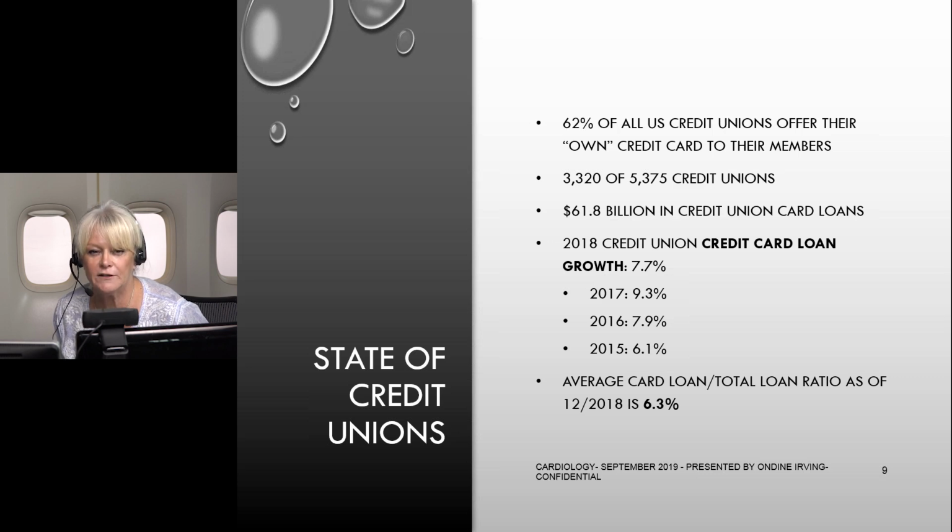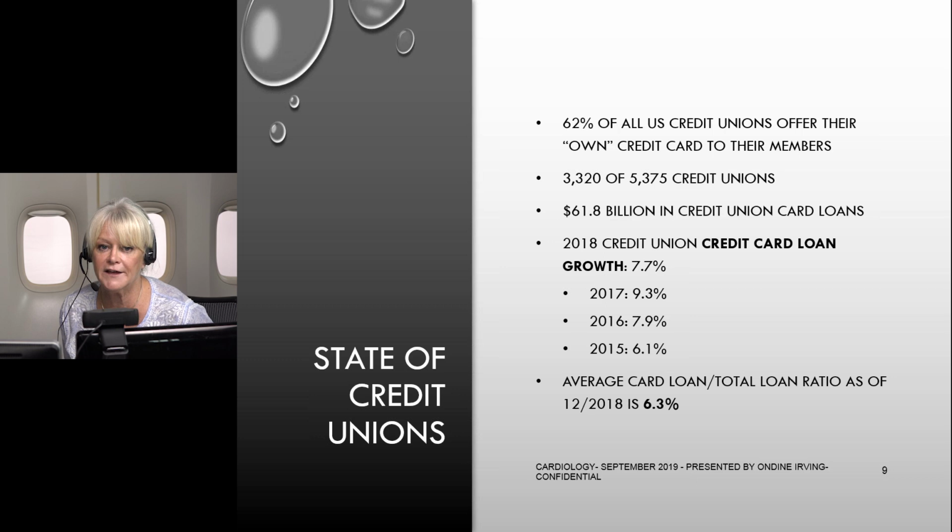Now, many credit unions and the processors continue to focus on number of accounts and penetration. I'm going to show you throughout this session why that is not a good idea. Basically, we want to establish goals based on what makes us money, which is loans, versus what costs us money, which is number of accounts.